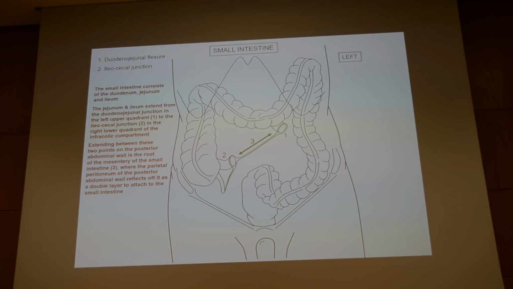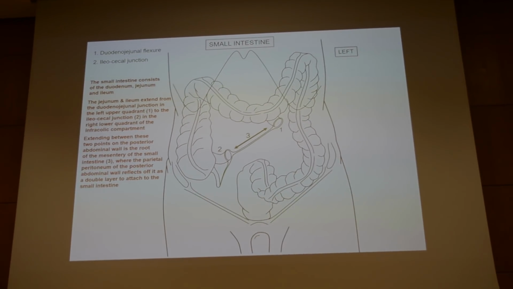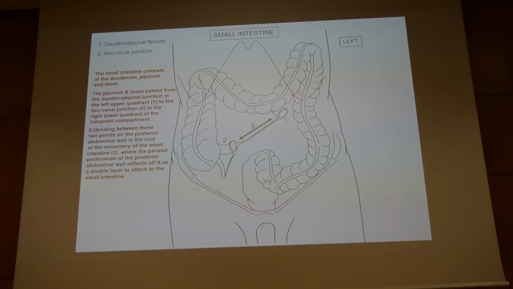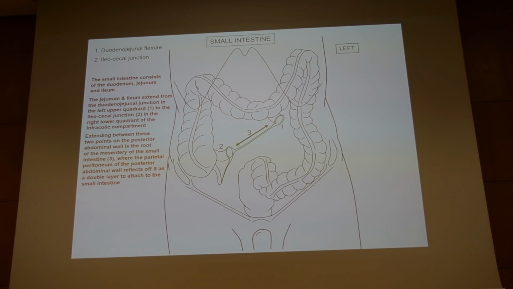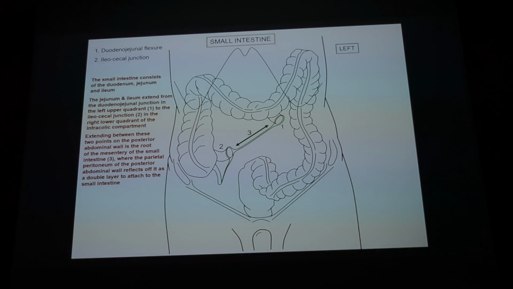No, not pathologically. Guys, this attachment on the posterior abdominal wall is only 6 inches. This point number 3 is only 6 inches and it accommodates something which is 6 meters. So it goes like a Japanese fan. It encircles the whole loop of jejunum and ileum and they come to one common point, like the fisherman's net.